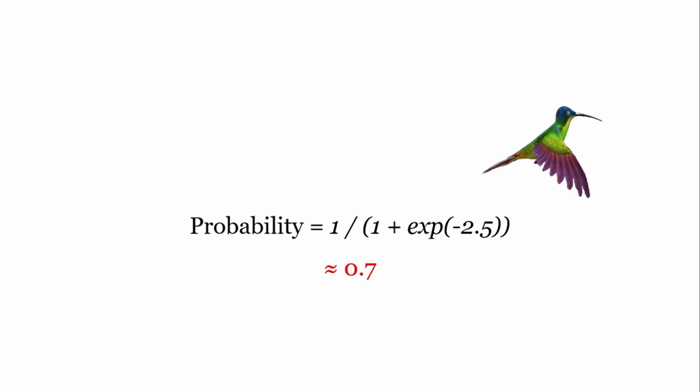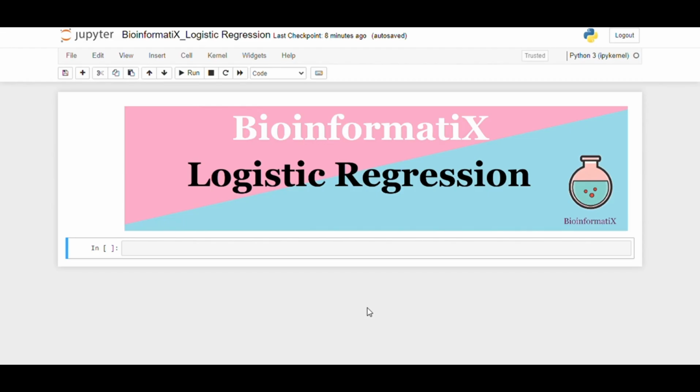Now let's implement a logistic regression example in Python using scikit-learn library. In step 1, we import the necessary libraries including NumPy for numerical operations and logistic regression from scikit-learn for logistic regression modeling.